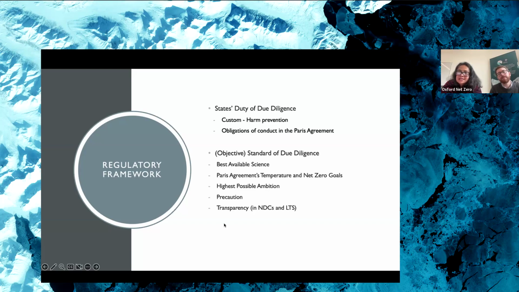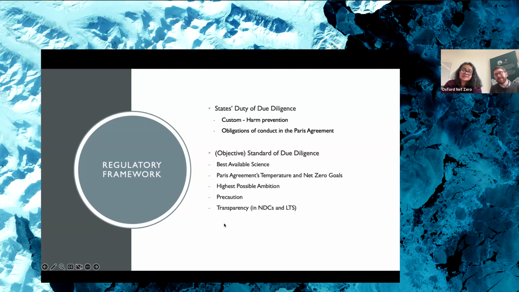And precaution dictates that we minimize overshoot, for instance, that we minimize excessive reliance on CDR, which would potentially lead to overshoot. There are also requirements in relation to transparency, both in nationally determined contributions and long-term strategies.